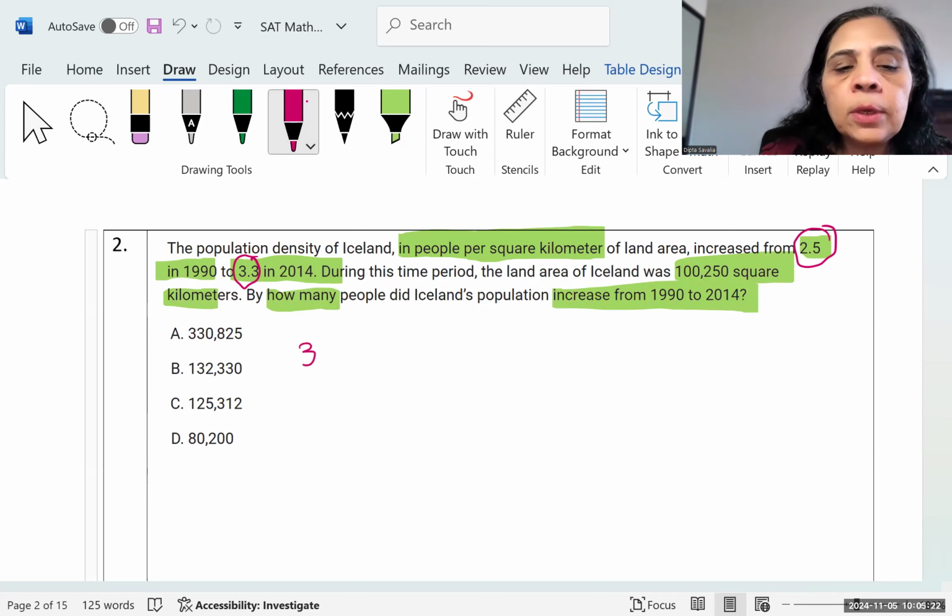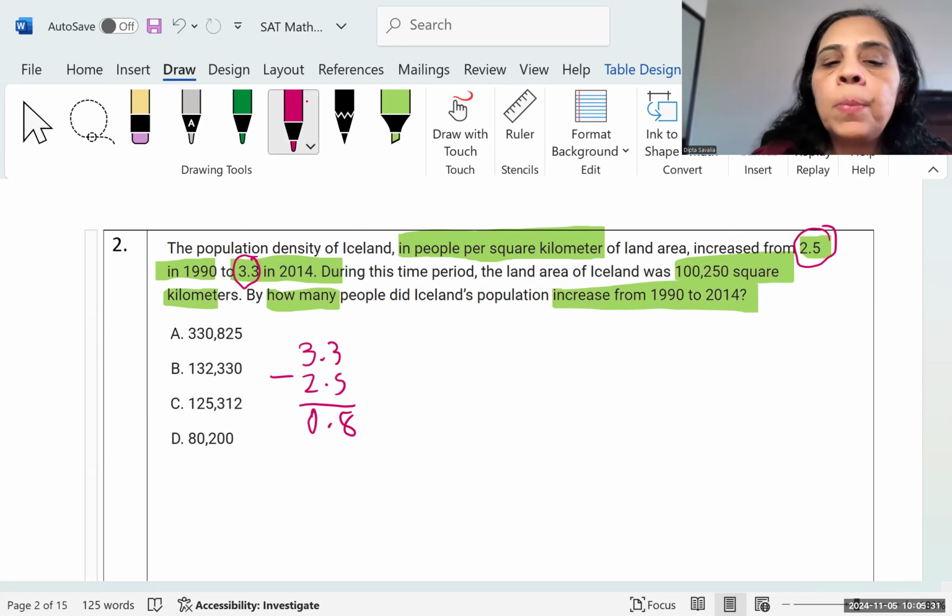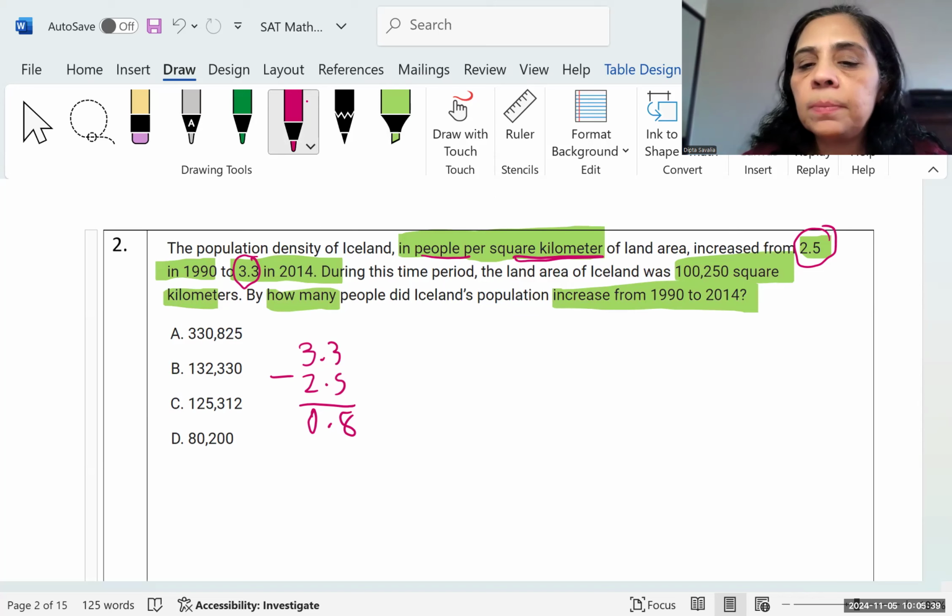So we can see here 3.3 minus 2.5 is just 0.8. So that's increasement, right? People per square kilometer. So that's 0.8 is increasement per square kilometer.